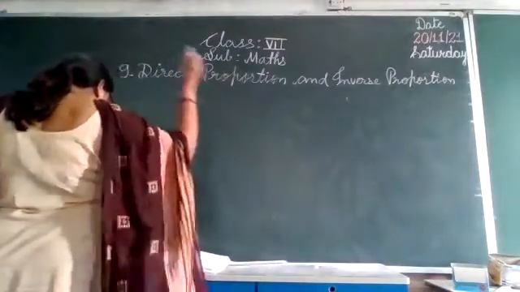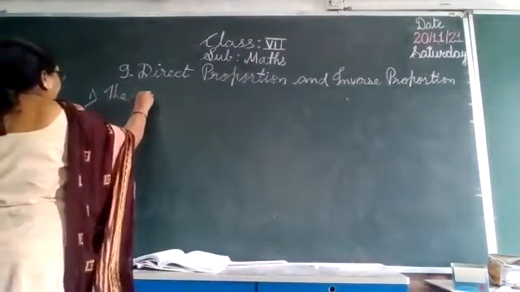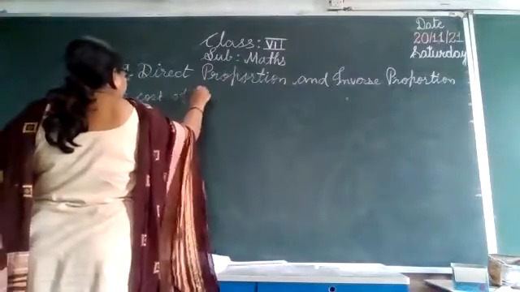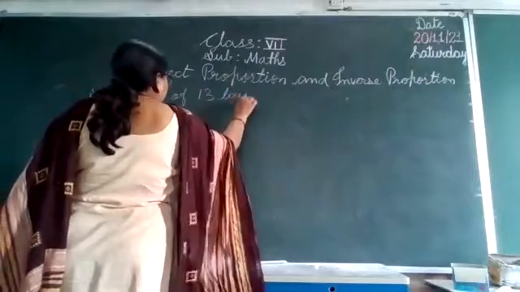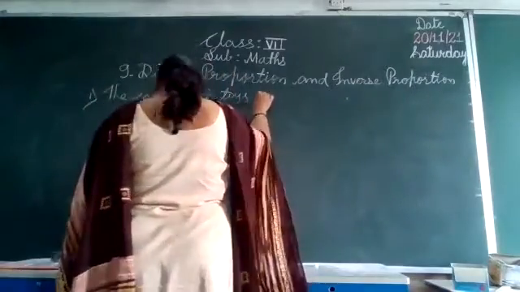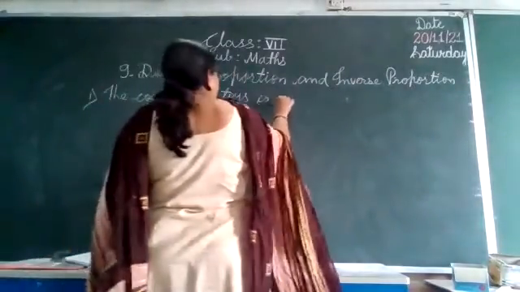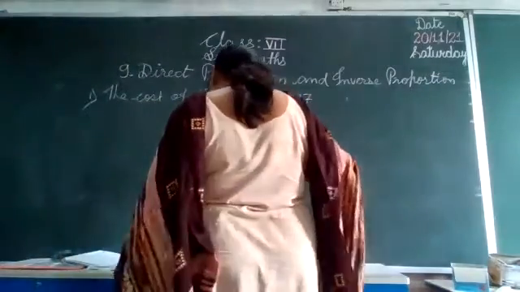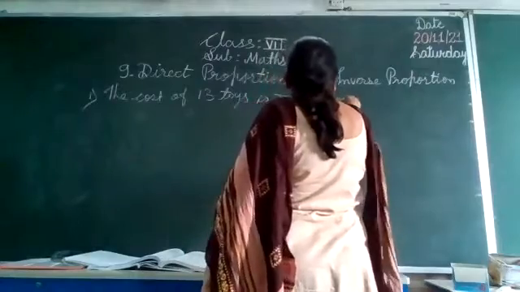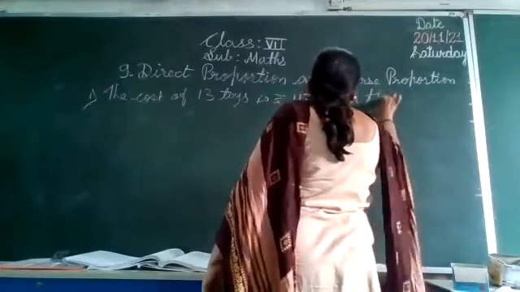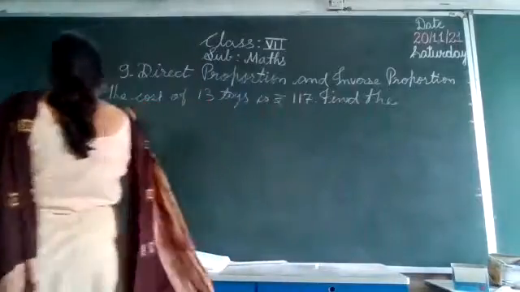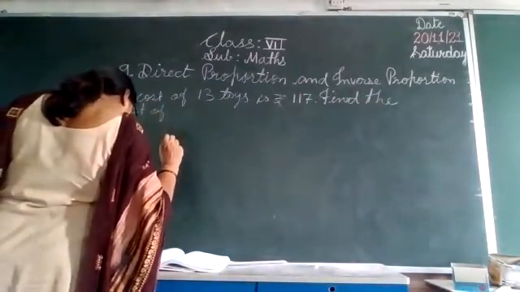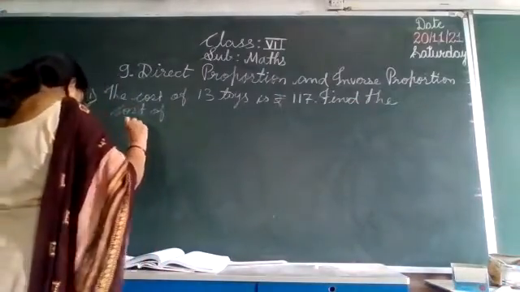The cost of 13 toys is 170 rupees. Find the cost of 10 such toys.